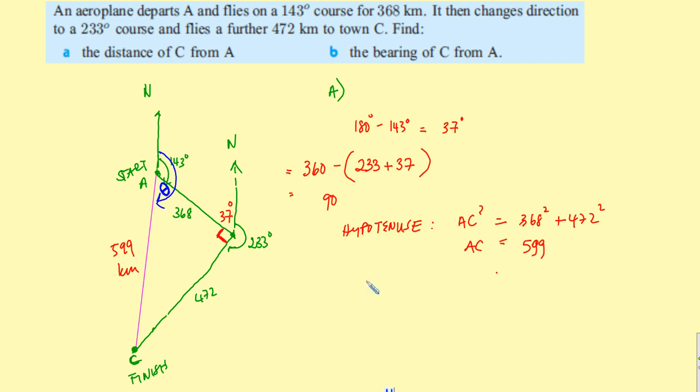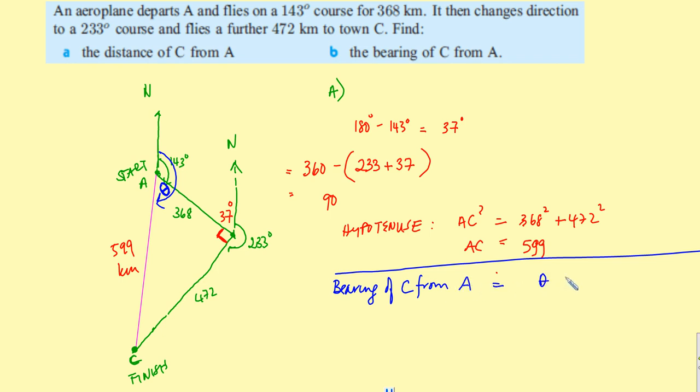So the bearing of C from A would be equal to theta plus the 143 degrees. But before we can do that, we need to figure out theta.